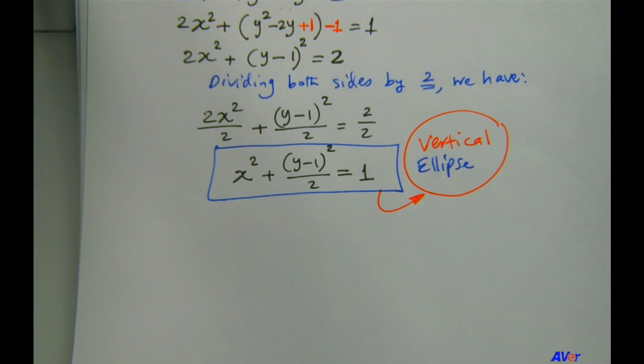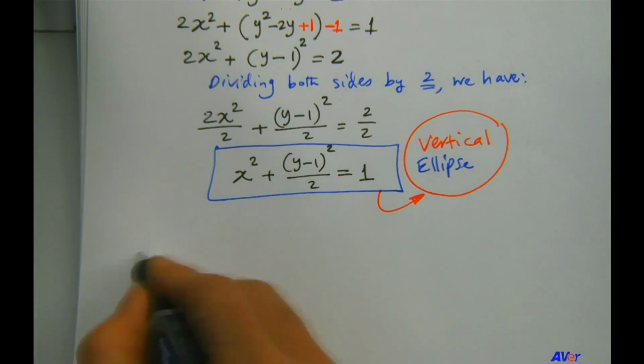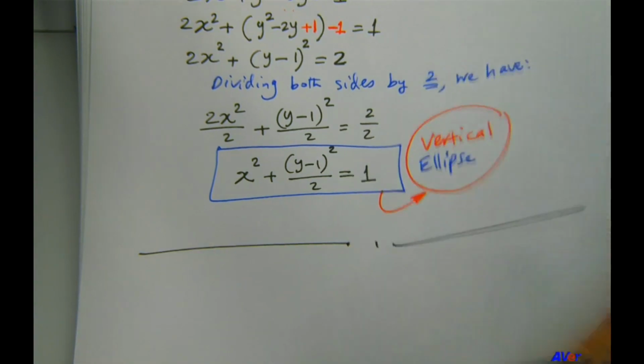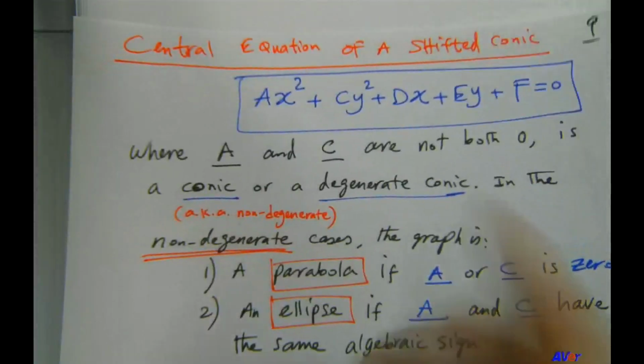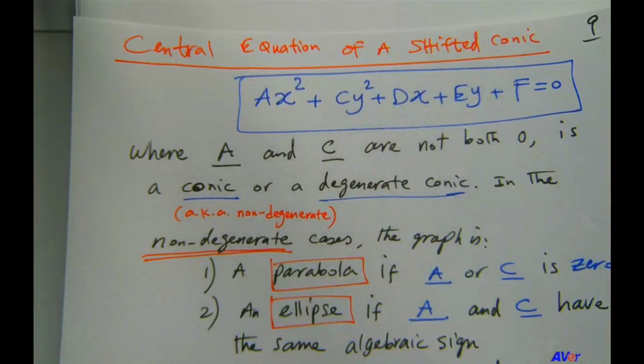Let's do another example. All of this is working with this equation, the central equation of a shifted conic. So these are examples of dealing with that.